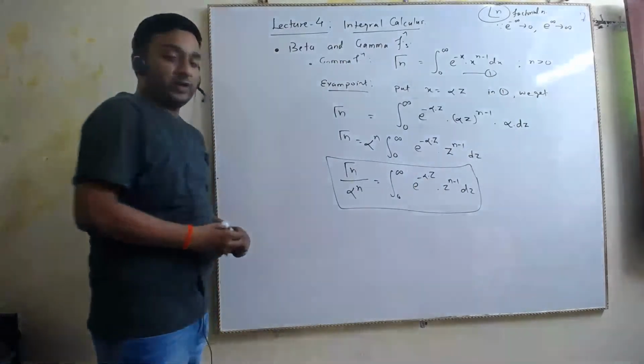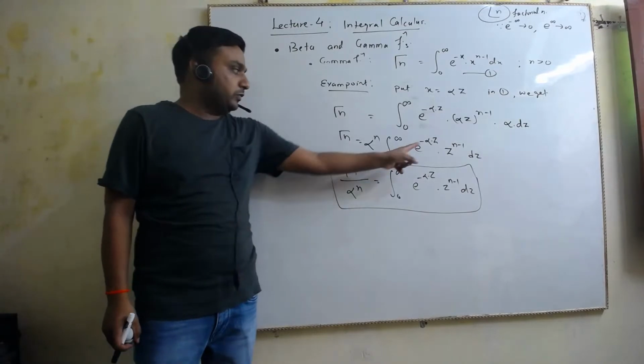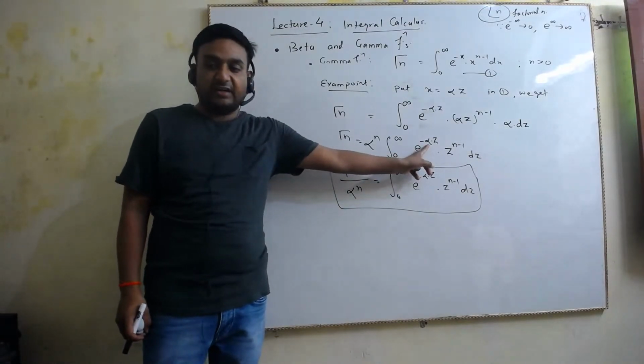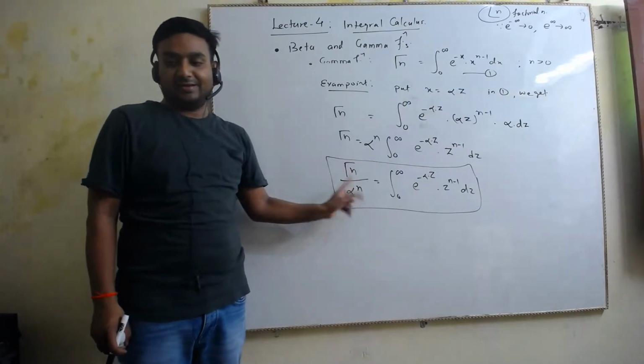This is a very important relation we will be using later also. So for the gamma function, if you have some constant here, e raised to power minus 2x, you will have gamma n upon 2 raised to the power n. Okay.